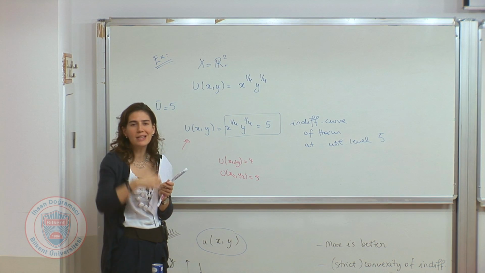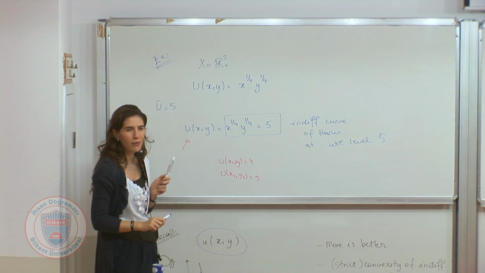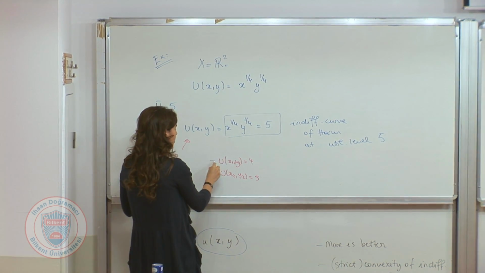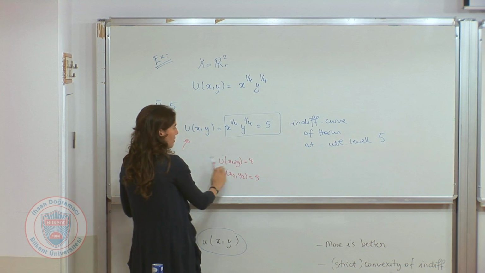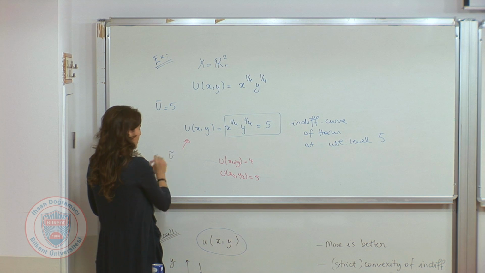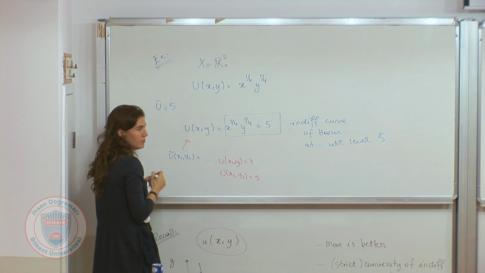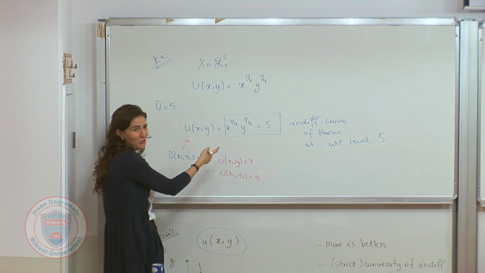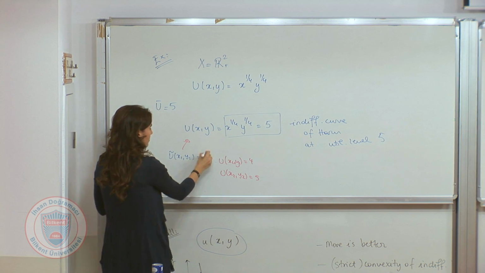If I raise this utility function to the power 4, then this bundle is going to give me how much utility? Suppose we call this u tilde of x1, y1. To the power 4, so 4 to the power 4.